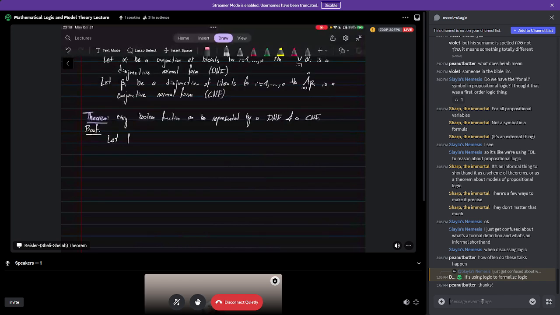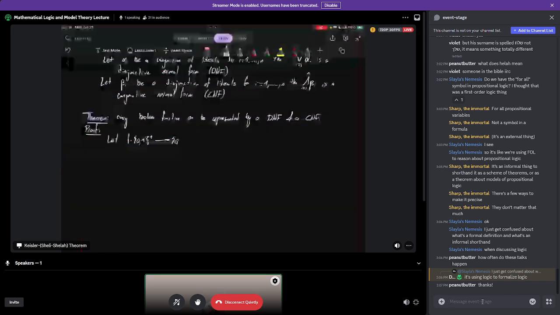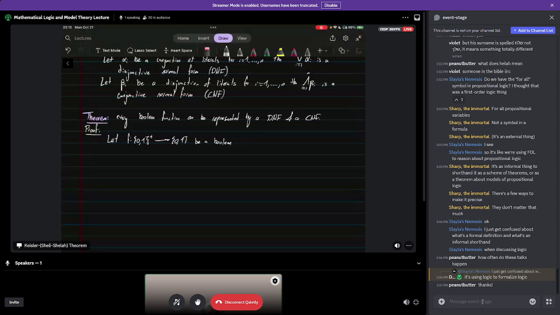Let f from {0,1} to the power of n to {0,1} be a Boolean function.